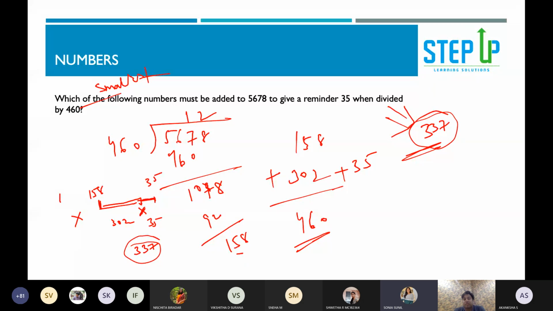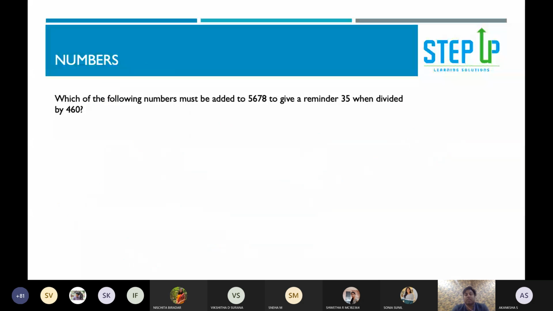Sir, can you explain this 302 part again? Okay. See, when you divide 5678 by 460, you are getting remainder 158. That means there will be one multiple of 460 here. Post that you're getting 158 as your remainder.